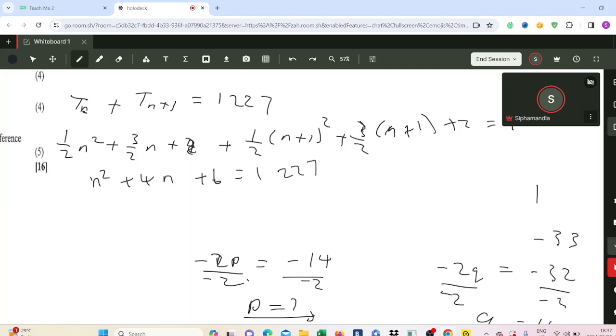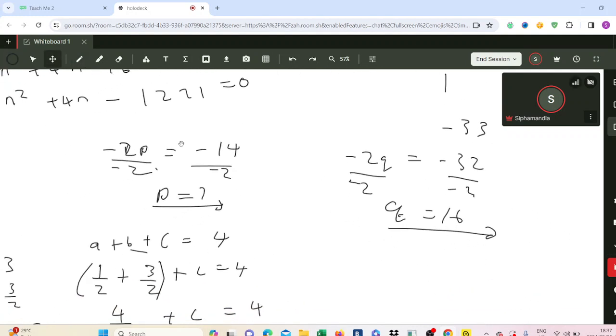Then after I take 1227 to the side, I will have n squared plus 4n minus 1221 equal to 0.